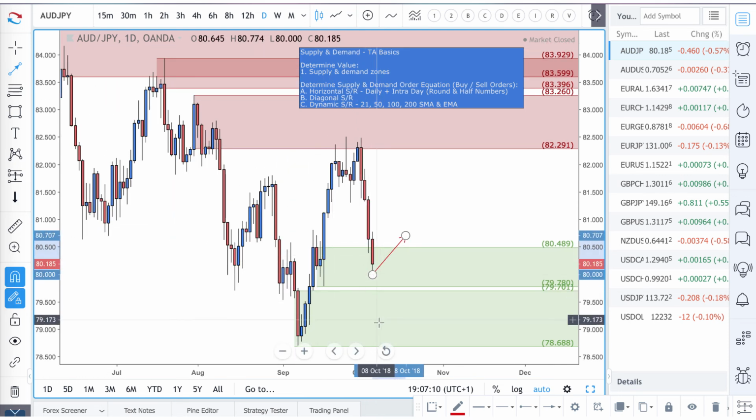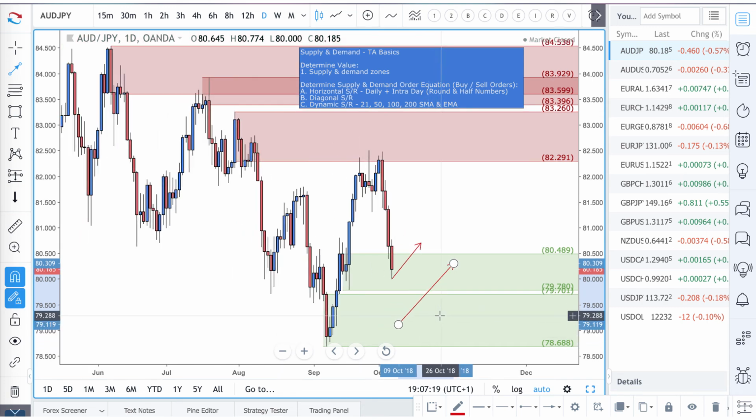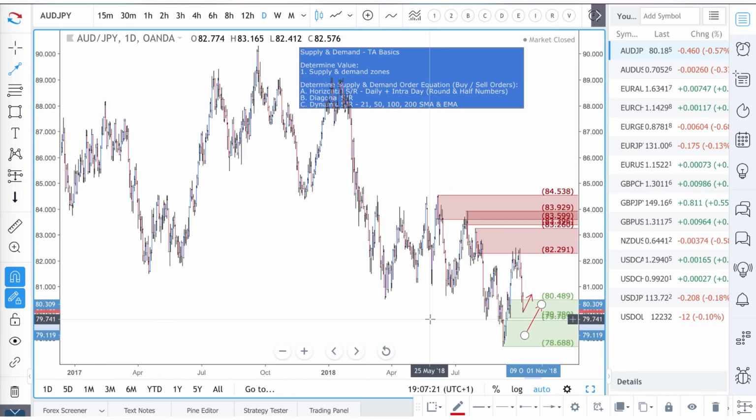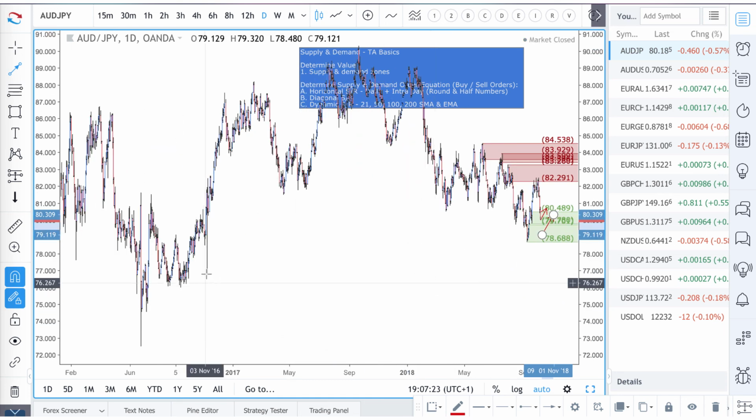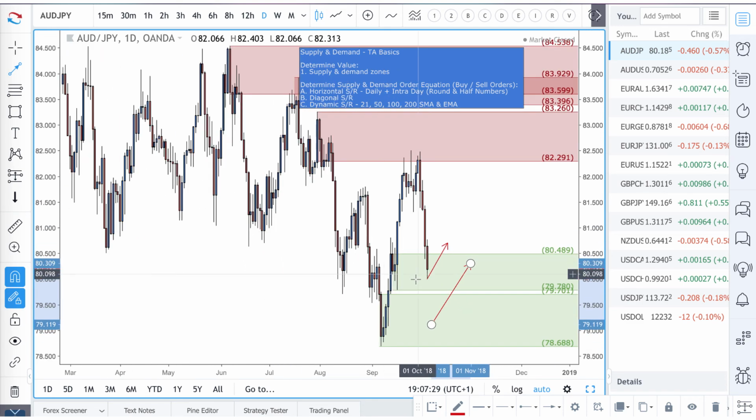Yeah, decent. If not, then this would be the next best area into the 79 area, 79.50, 78s around here. If you zoom out a little bit, the last real area of demand was back in, again, 2016, but we've got demand here.